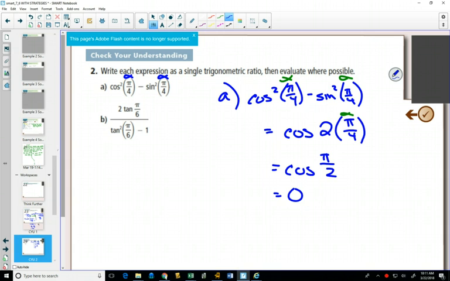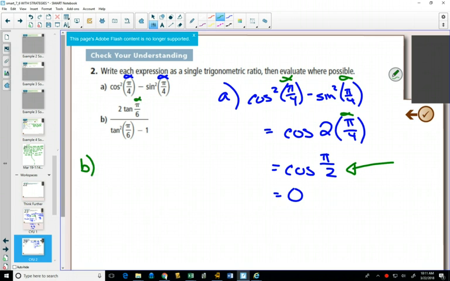But this question asked us to first write it as a single trig function. That's right there, a single trig function. And then evaluate if it's possible. The same thing in B. We could evaluate this already, but we first want to see if we can write this as a single trig function.